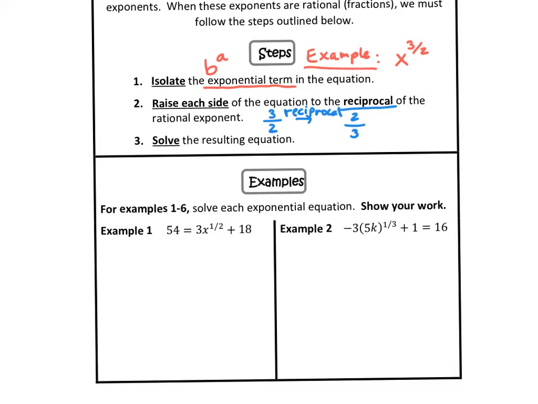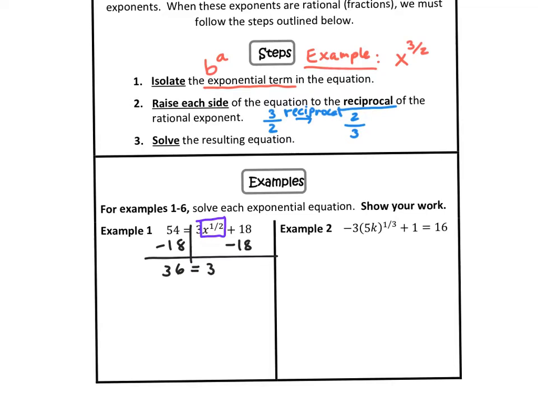Let me pick a color here. Changing my marker color. We want to isolate this term in particular, so we want to move everything else to the other side. One way of doing that is, the opposite of adding 18, subtracting 18 on both sides. That gives us, correct, 36.